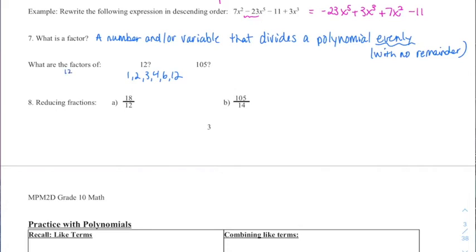Or if I were to write out the factors of 12, I could also say it's 1 times 12, 2 times 6, and 3 times 4. Okay, so for one factor, there's always another factor. We call those factor pairs. So if I ever talk about a factor pair, it would be something like that.